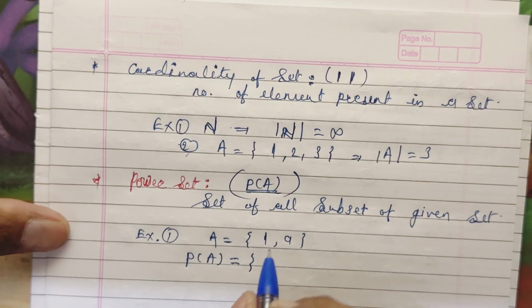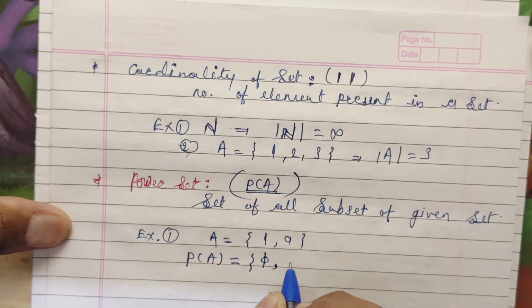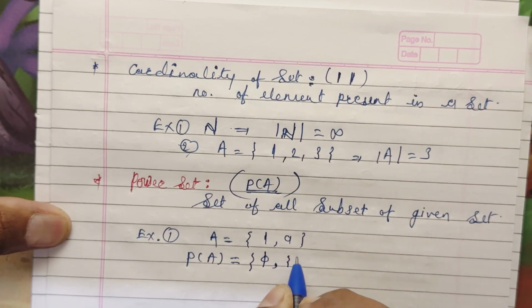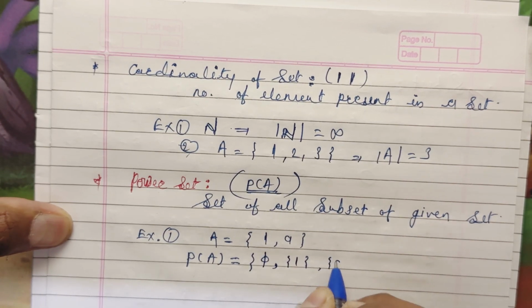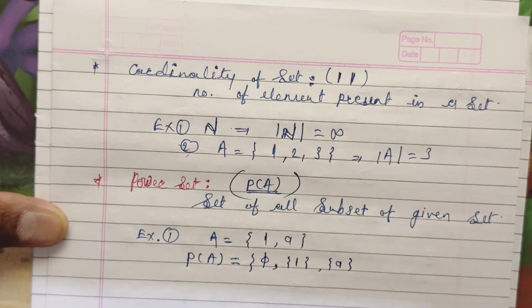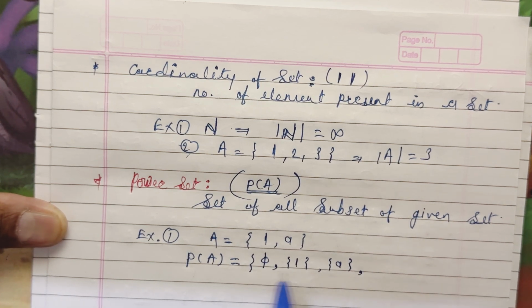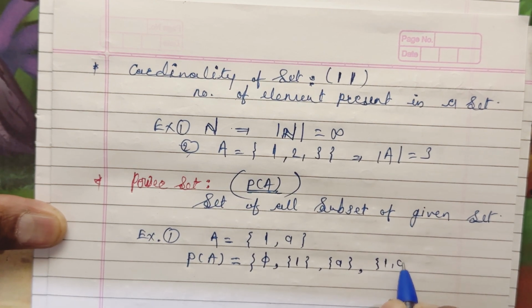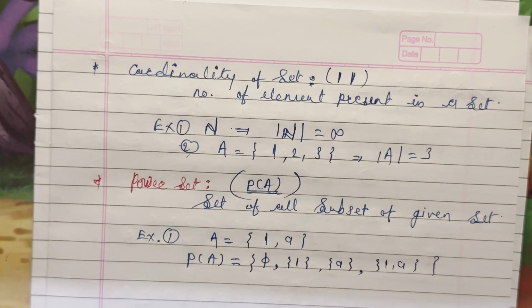So first we take phi, second we take the singleton set {1}, next we take the singleton set {a}, then after that we take {1, a}. Now see that all the sets we have taken here, 1 2 3 4, are subsets of our given set.